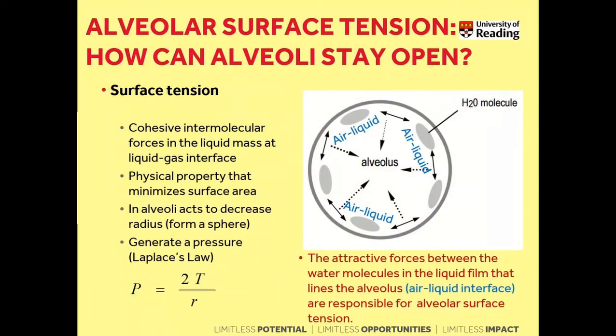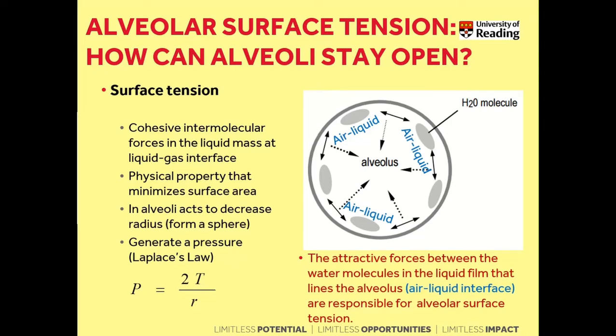From the standpoint of gas exchange, alveoli need to be as small as possible. Why? To increase the surface area to volume ratio. And how does it happen? Well, this is ensured by the presence of surface tension. This tension, this force, is generated by cohesive intermolecular forces in the liquid mass, so between the molecules of water, at the liquid-gas interface.